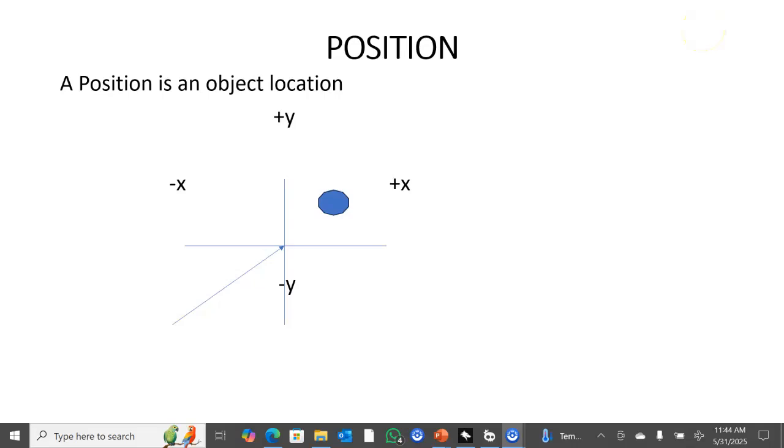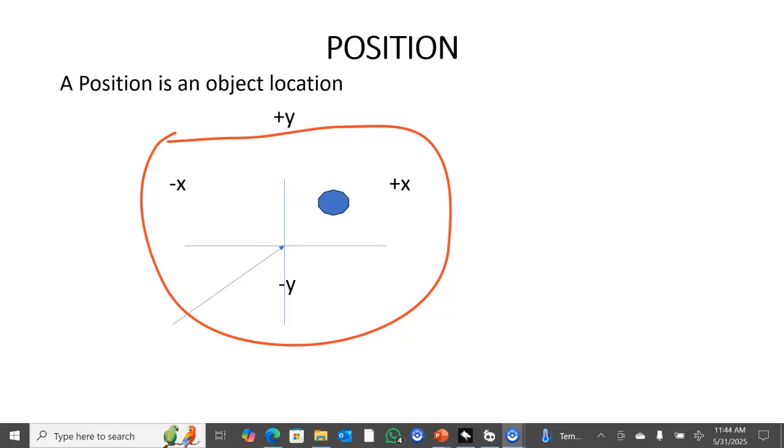So coming back to physics and this graph, when you look at this graph that I have here, this object here is at this position. It's at the position between the x and the y axis. That's where the object is at rest. That's how you define a position. And in the graph, there's always an origin in the position.